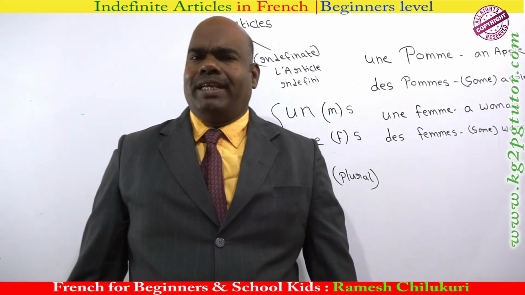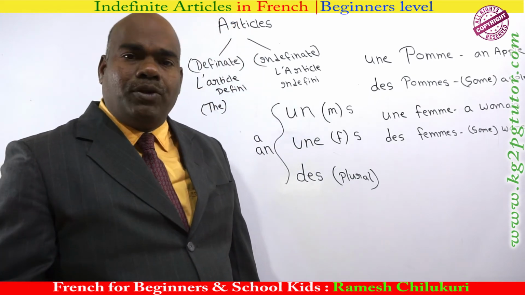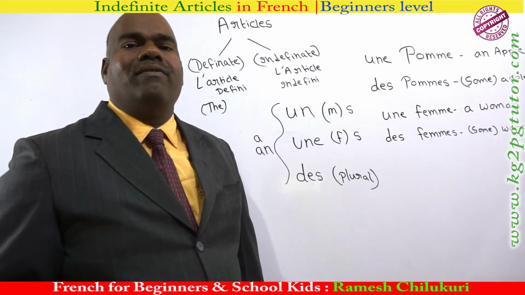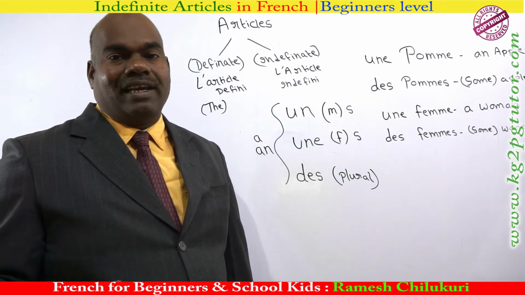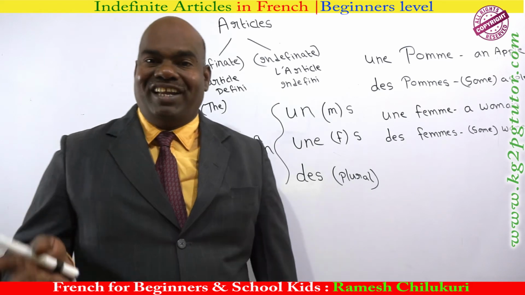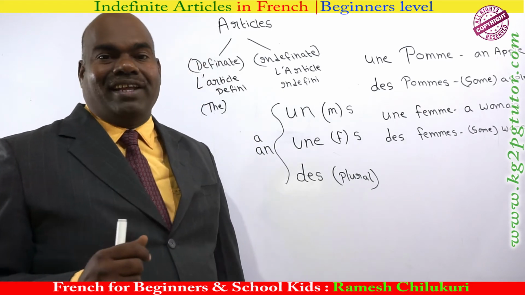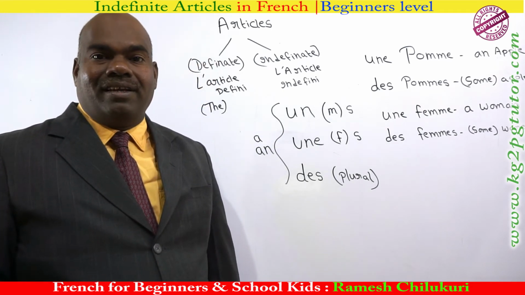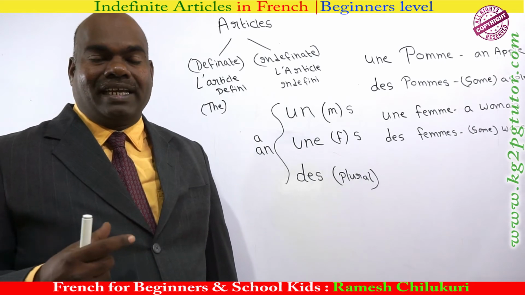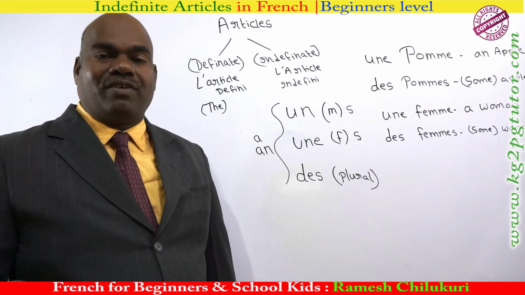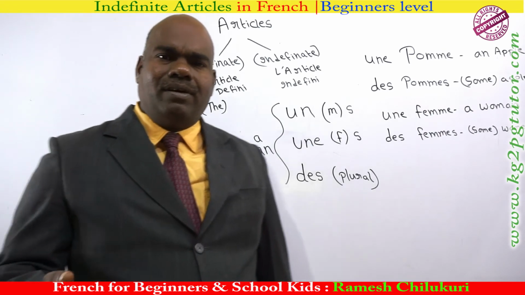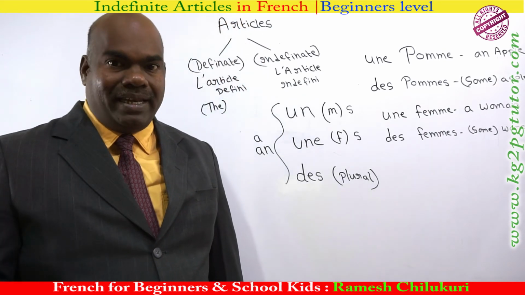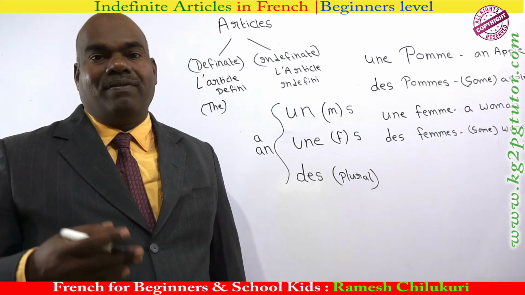Let me give you some more examples so that you understand article indéfini better. I'm going to tell you which is masculine and feminine, because you just started learning, so it might be difficult for you to understand which is masculine and which is feminine. Once I tell you the words, you may know the meanings and you can identify the gender.